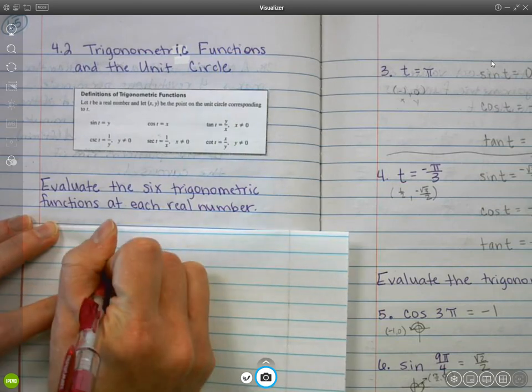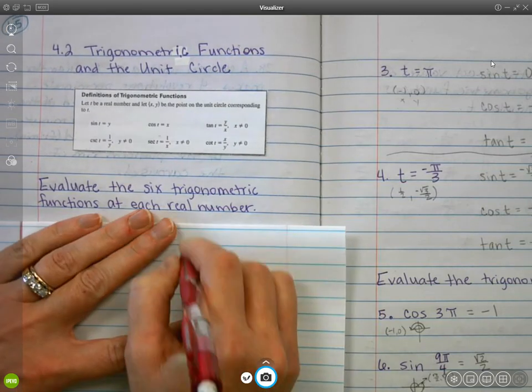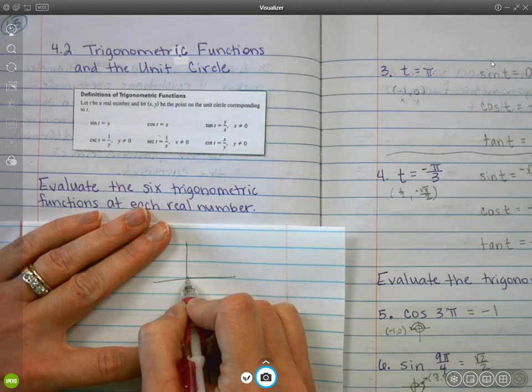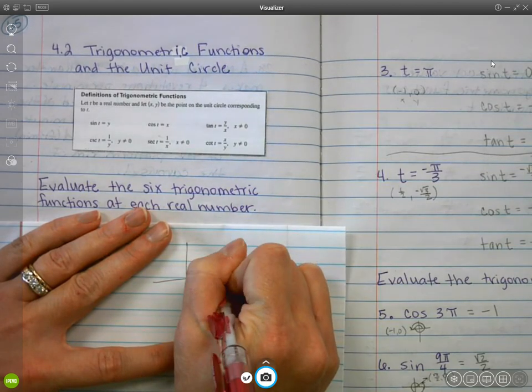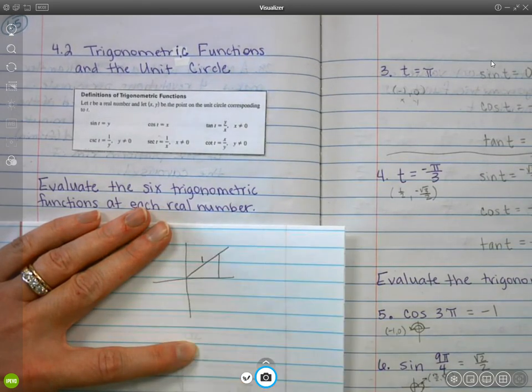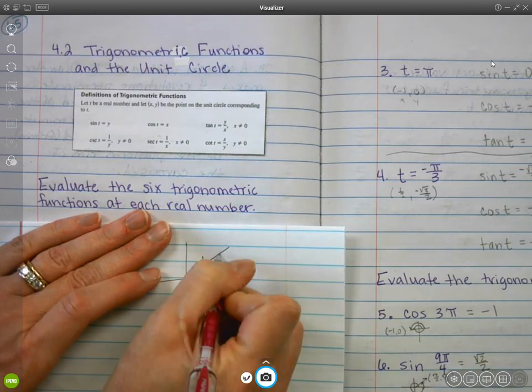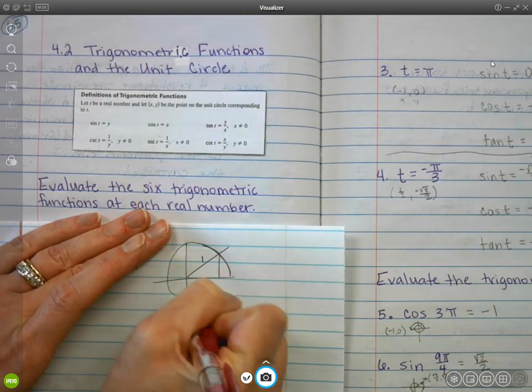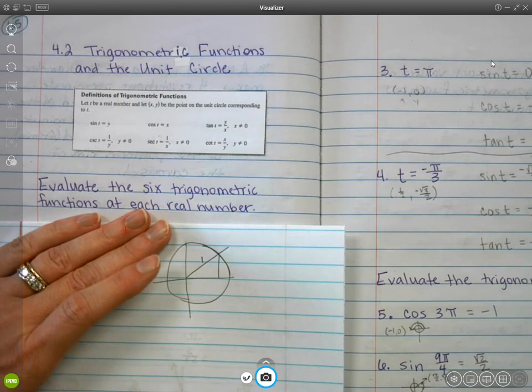But if we're in the unit circle, the hypotenuse is always going to be 1 because the radius of the circle is 1.